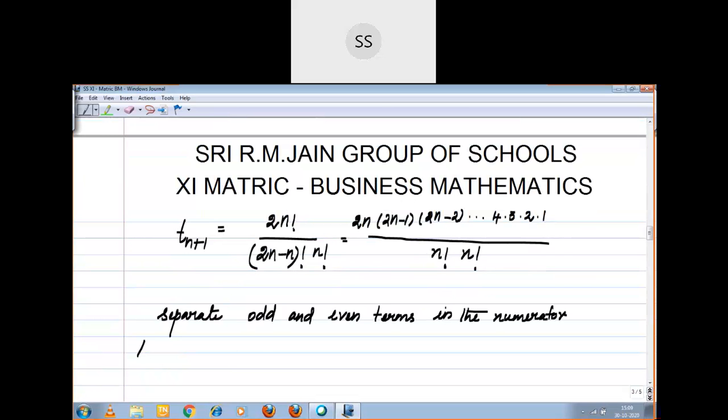Now we are going to separate the odd and even terms in the numerator.